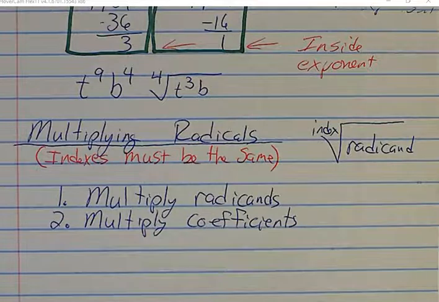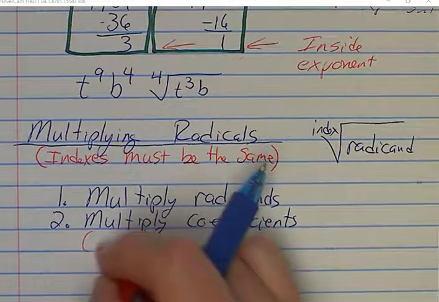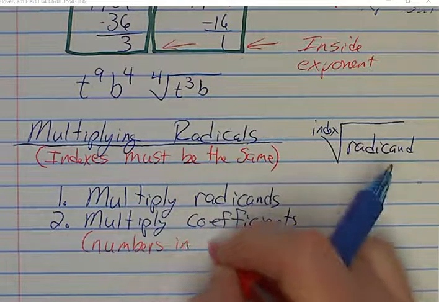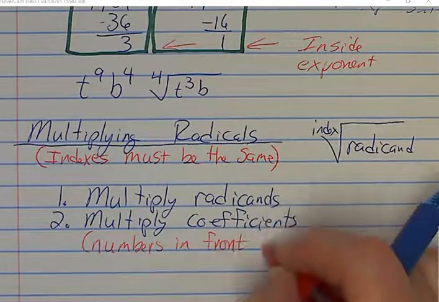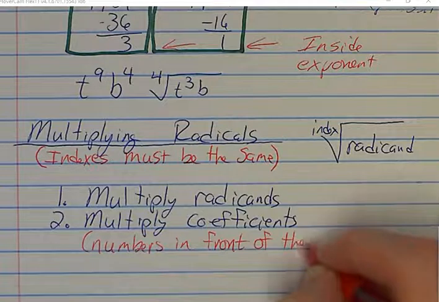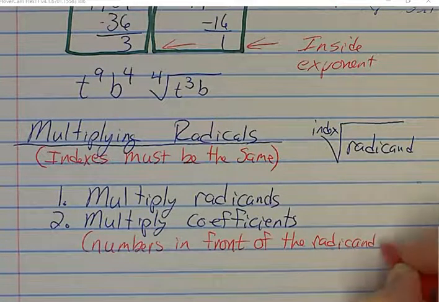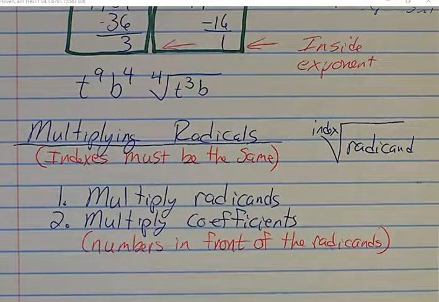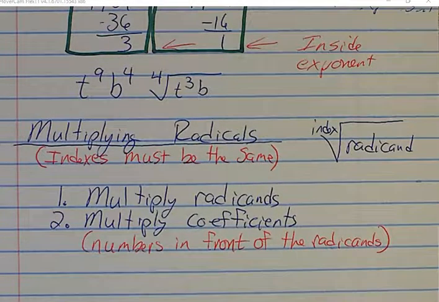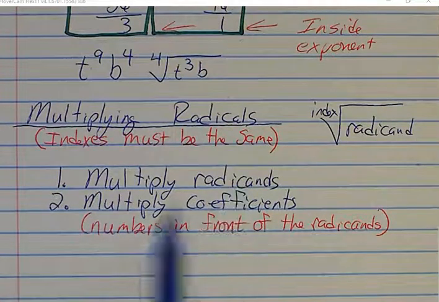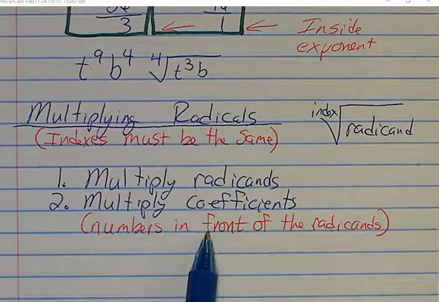Again, the coefficients are just the numbers in front of the radicand. And this one, it's maybe 50-50. I don't even know if it's that much. Most of the time, you're definitely going to have to do step one. Step two, that may happen 25% of the time. It's not going to happen very much.